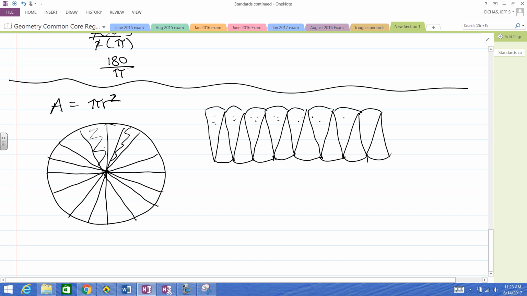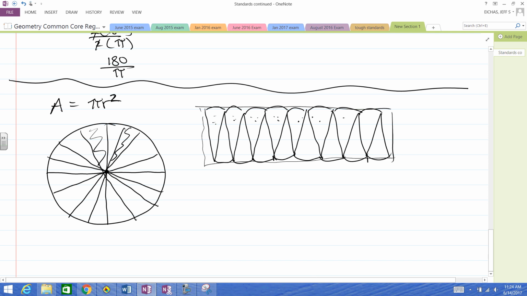The smaller we make these pieces, the closer and closer this figure gets to a rectangle. You can see it. As we slice it smaller and smaller, these slices, as we stack them this way, will approach a rectangle.